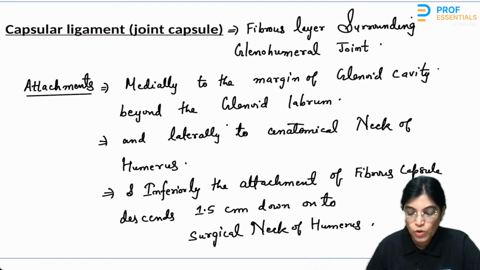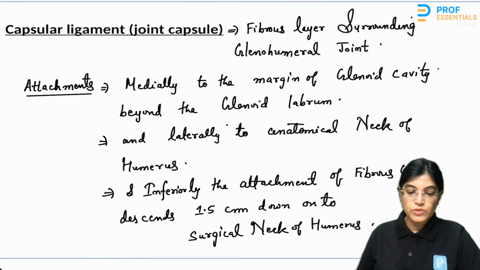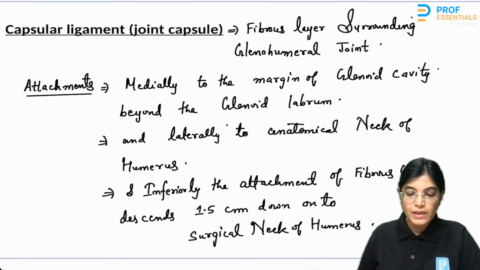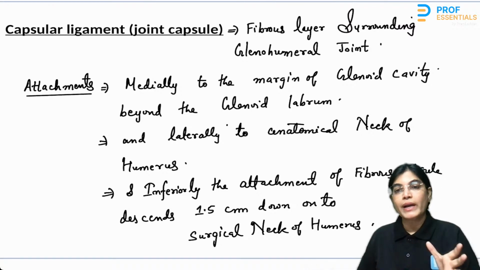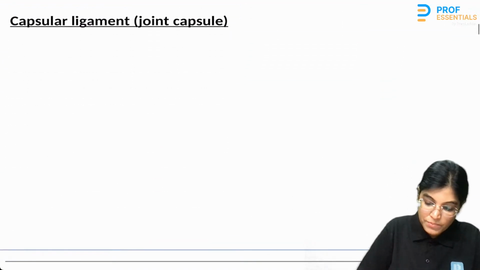And one more important point about the medial attachment is that it encloses the long head of biceps brachii. So medially, the attachment is beyond the supraglenoid tubercle, and that is including the long head of biceps brachii.